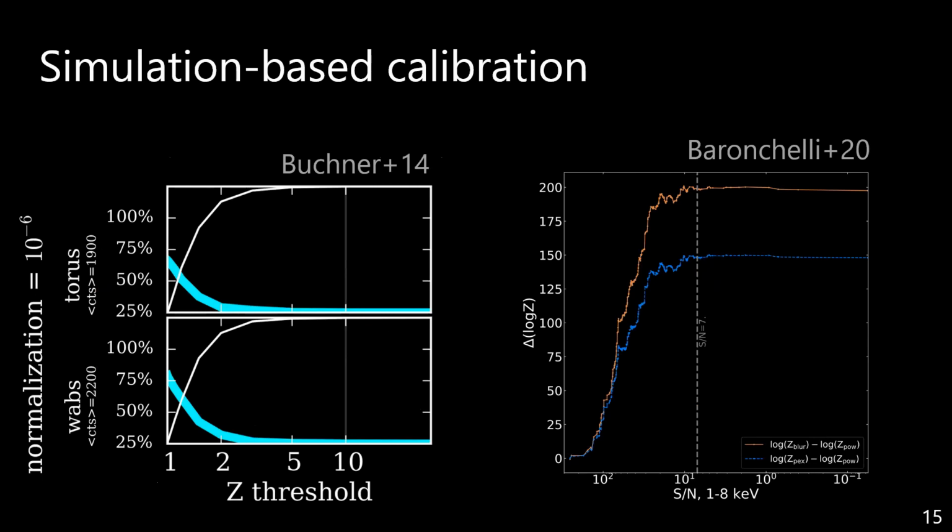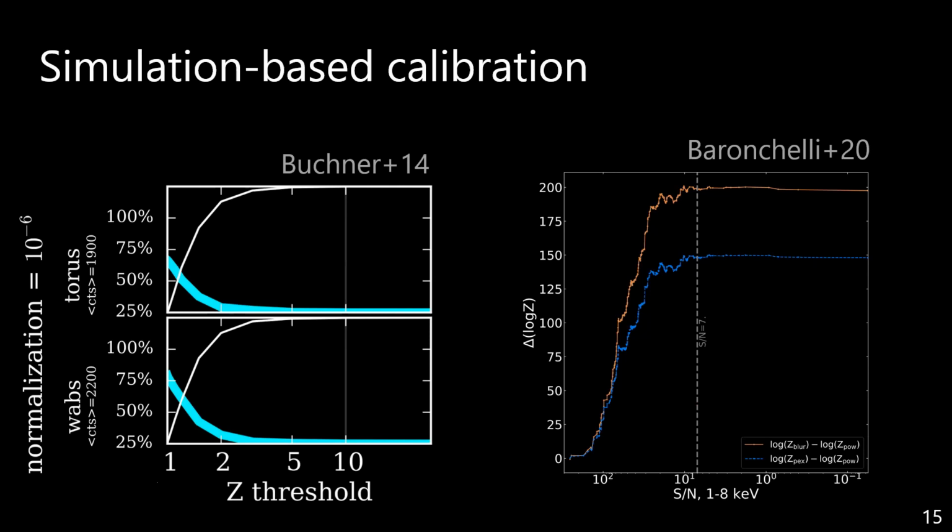So Johannes' paper in 2014, where this is showing in the blue line the false positive rate, I believe, for 2 particular models that are being considered, so the WABS model and the torus model, for a specific normalization, where you choose the normalization to effectively control how many counts you're on average fitting. So the average here was, on the x-axis, sorry, for the bottom panel, around 2,000 counts, actually for both.